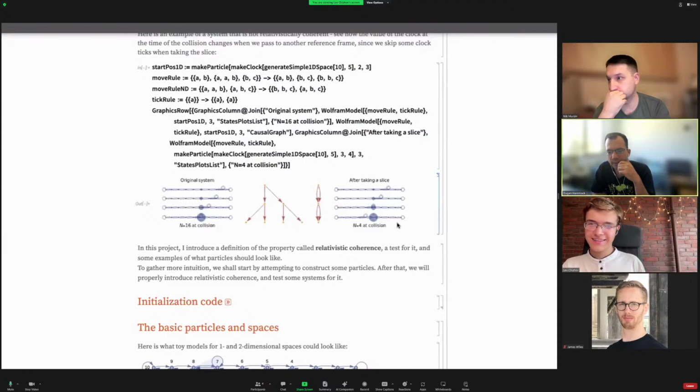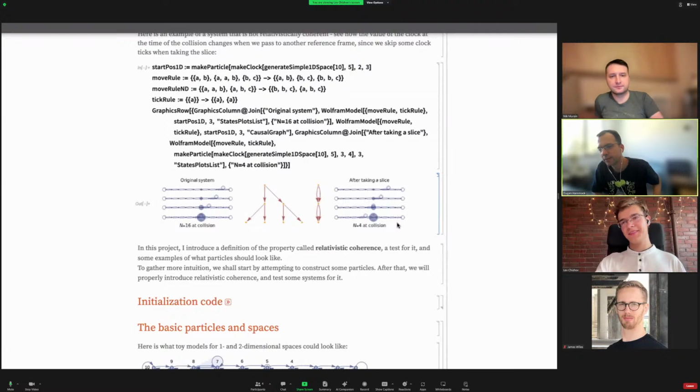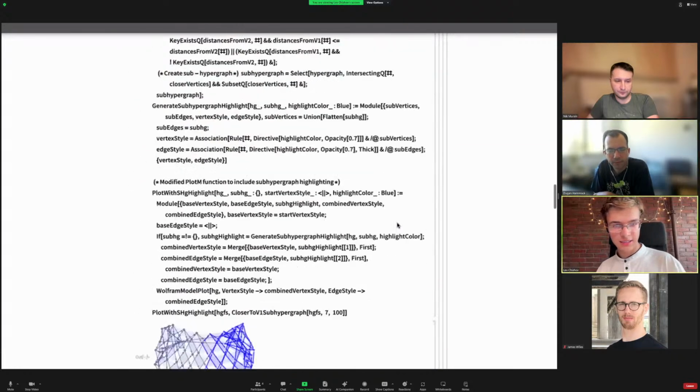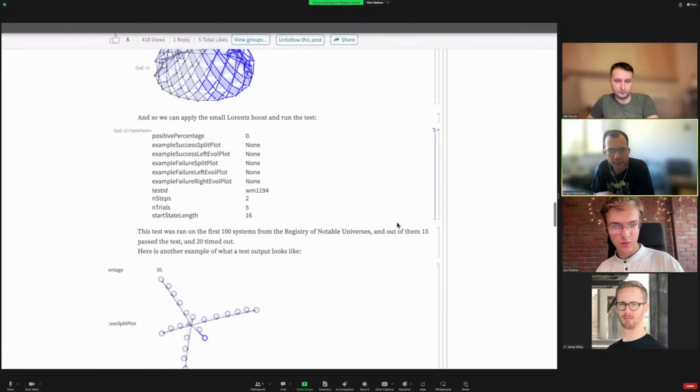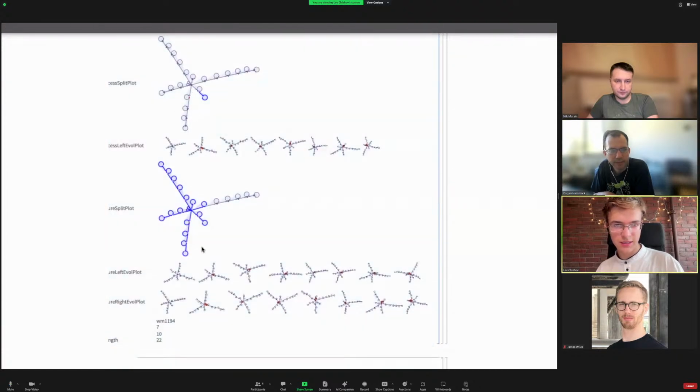I had a question about the hypergraphs you checked for. So you were looking at some of the Wolfram models, or the notable universes, or whatever. Can you scroll down to that? Okay, so you had these. So, what's happening here?